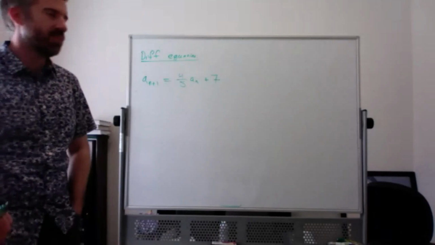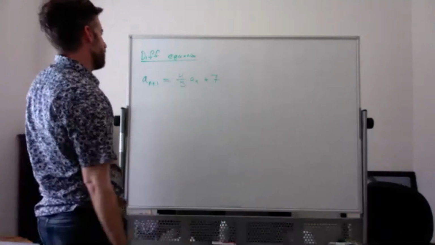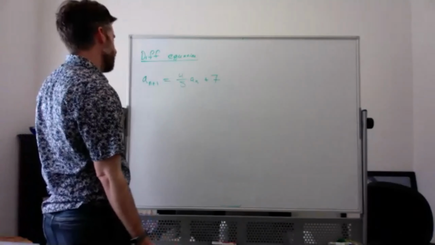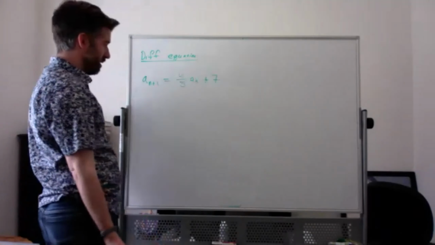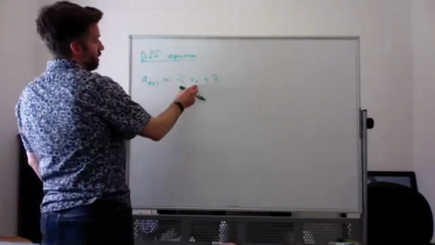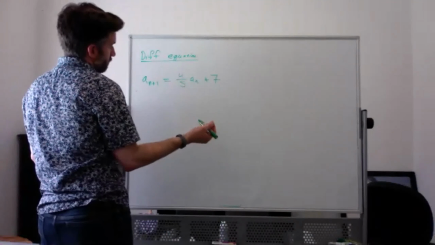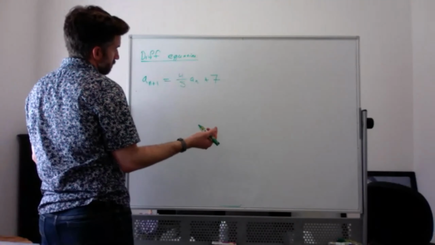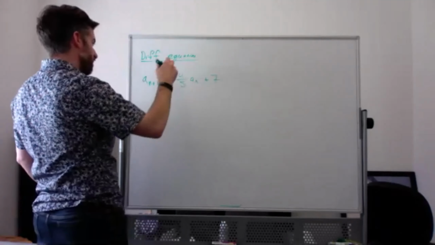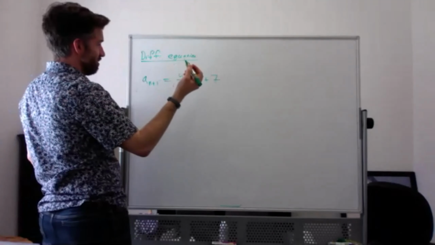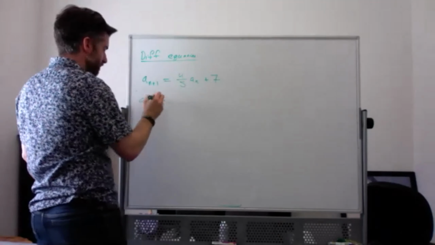And maybe it doesn't really matter where you're starting, but I'm trying to make the numbers work out a little bit nicely. Let's just say a sub 1 equals 5.